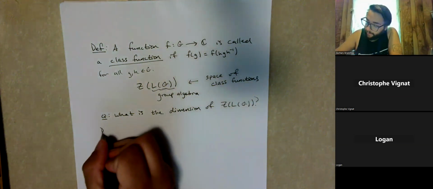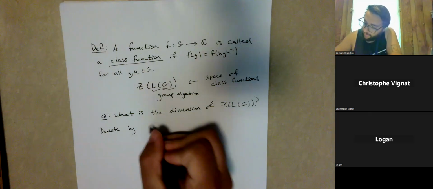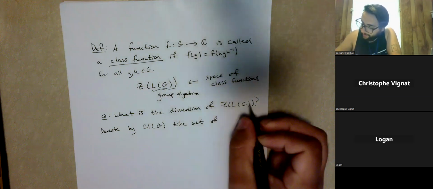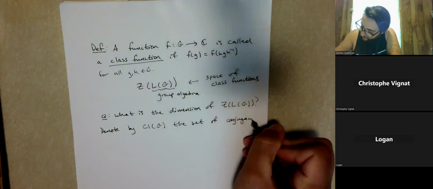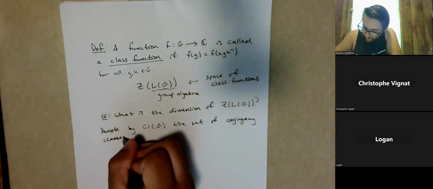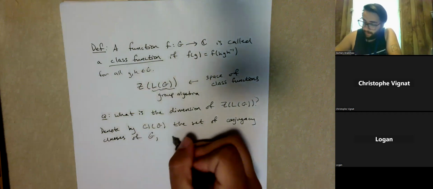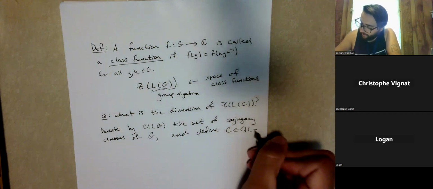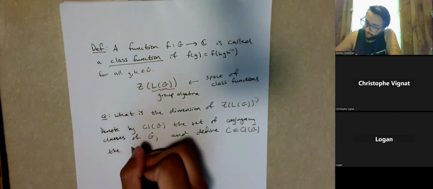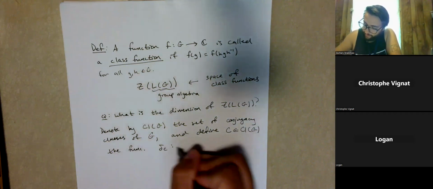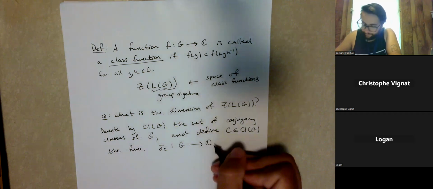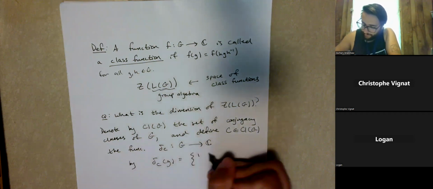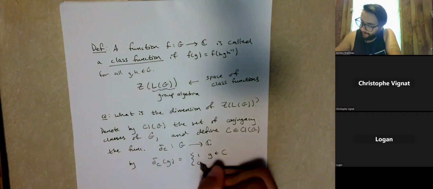Well, if you denote by CL of G the set of conjugacy classes of G, and define, for C a conjugacy class, the function delta C from G to C by delta C of g is 1 if g is in the conjugacy class and 0 otherwise.